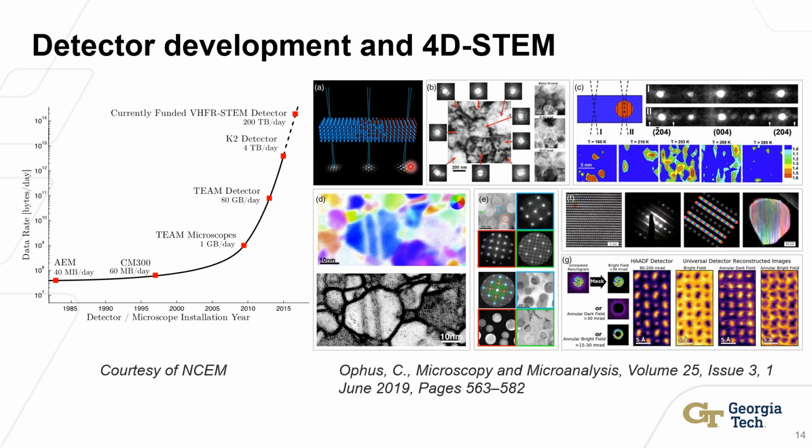Once you collect these diffraction patterns, you can extract all sorts of information from them. Anything from the orientation state to structural information through virtual bright field and dark field images, through to electrical information, through ptychography techniques. You have these very rich data sets that you can now pull out and analyze.